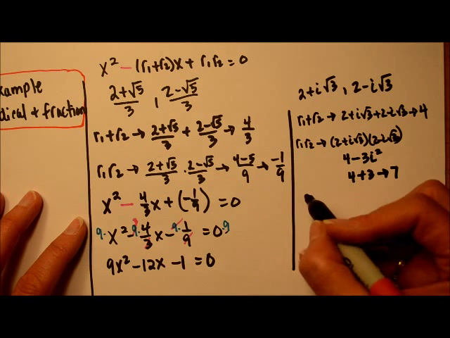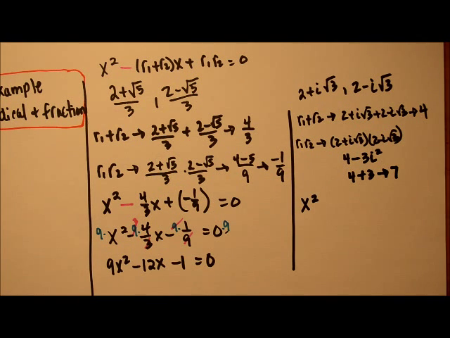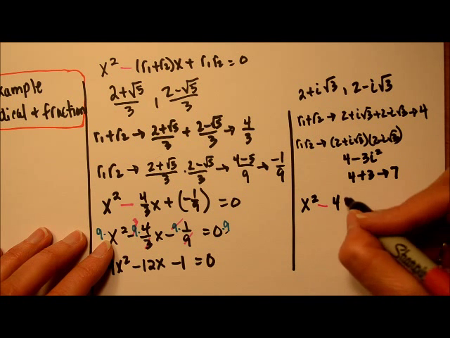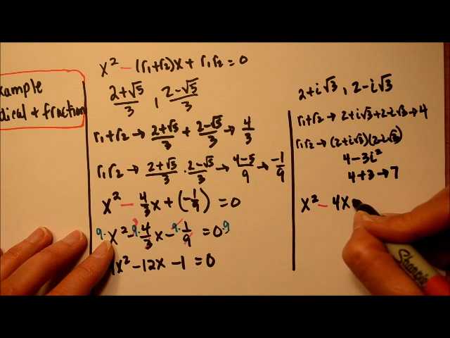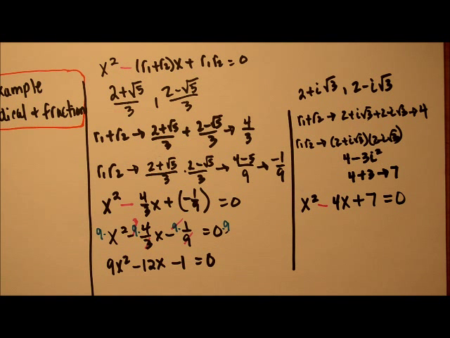So when I write my equation, I'm going to have x squared minus whatever this number is, which is 4x, plus 7 equals 0. Okay, and then that would be my quadratic equation.